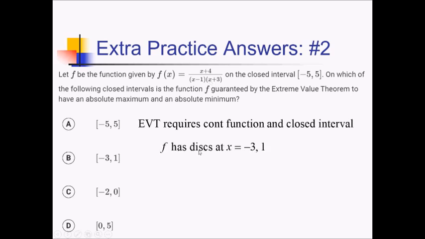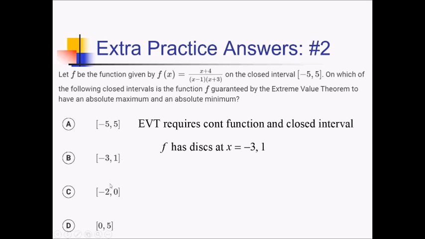So let's take a look at the answer choices, because we can quickly eliminate any answer choices that contain negative 3 or 1. Choice A, negative 3 and 1 are both contained in that interval, so choice A is no good. For B, those are the endpoints. Within those endpoints there's no discontinuity, but because the endpoints don't exist, that doesn't really count as a closed interval or continuity across the whole interval anyway.